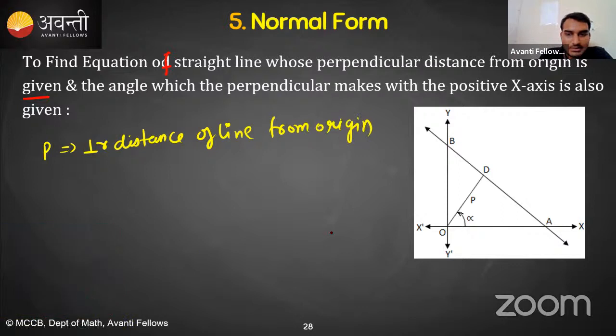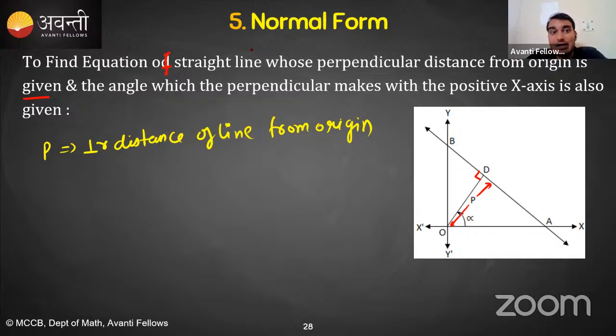Okay. So it means this is perpendicular. This is the distance p. And this alpha is the angle that this perpendicular is making with your positive x-axis. Clear? So now if the situation is like this, the perpendicular distance from origin is given, and that perpendicular which is making angle alpha with the positive x-axis is also given.